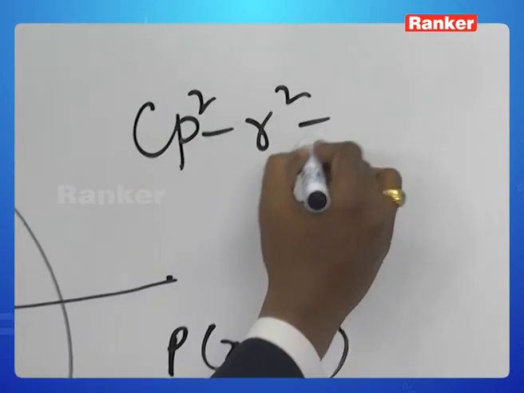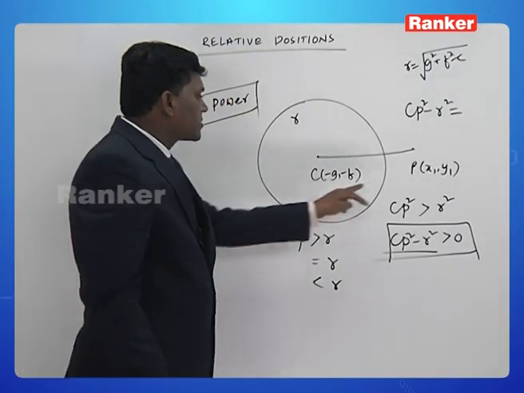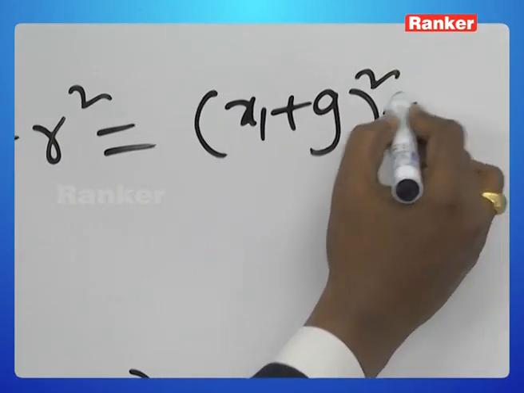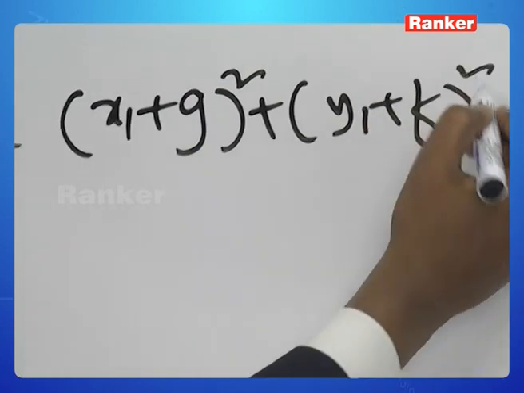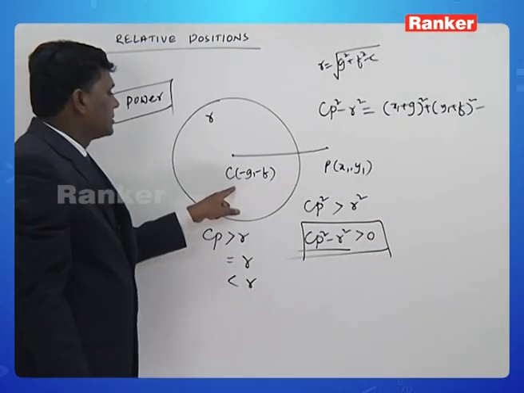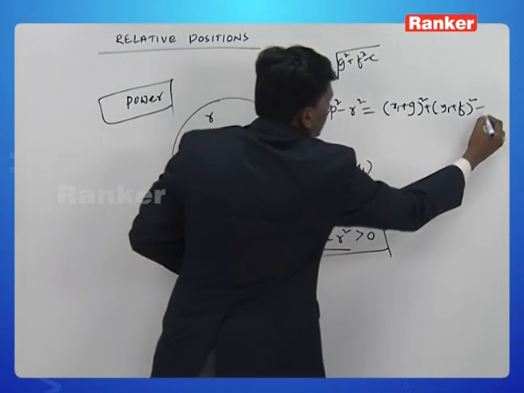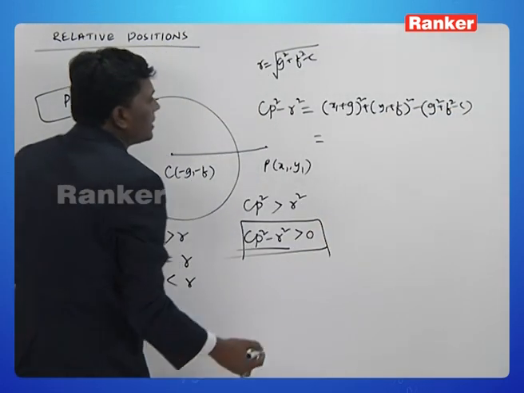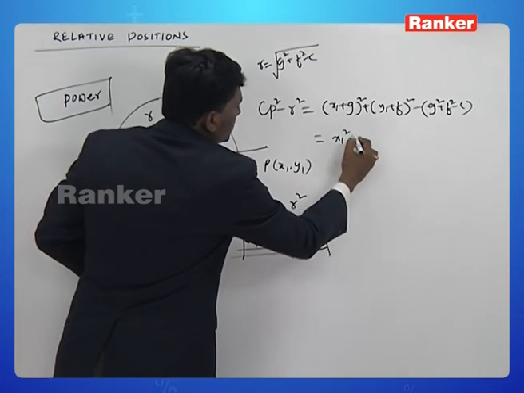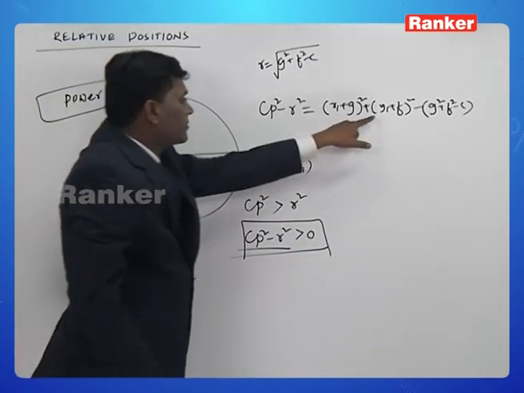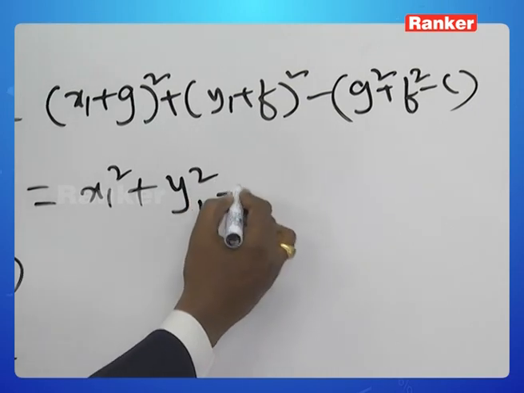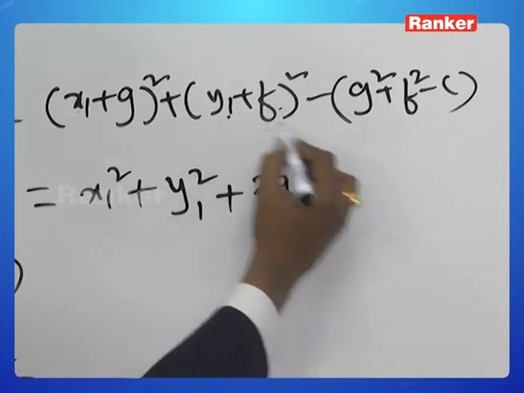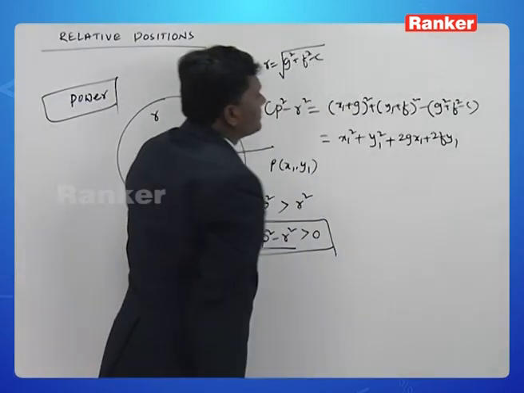CP square minus r square equals, by the distance between two points, (x1 plus g) whole square plus (y1 plus f) whole square minus r square, where r square is g square plus f square minus c. If we simplify this, we get x1 square plus y1 square plus 2g x1 plus 2f y1.